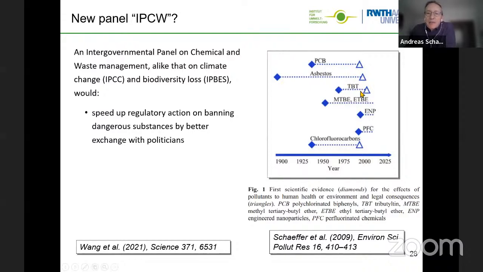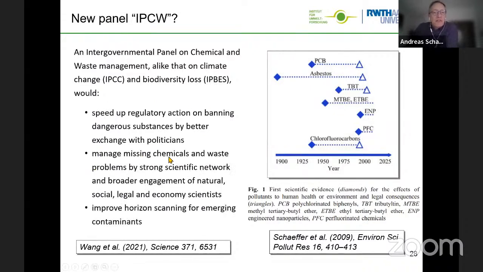And there are other examples like tributyltin, the fuel ingredient methyl tertiary butyl ether, and engineered nanoparticles, which have not been forbidden until now, and others. So the time is much, much too long, and this panel could help to speed up.